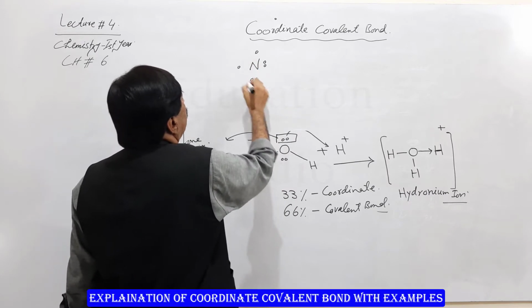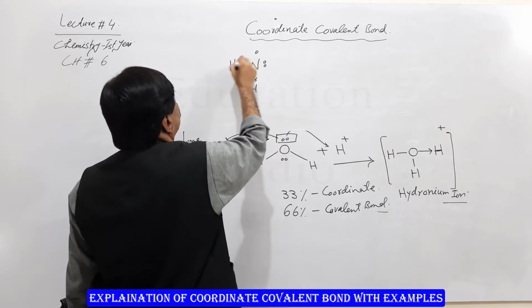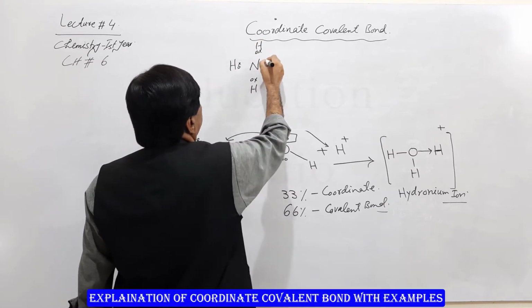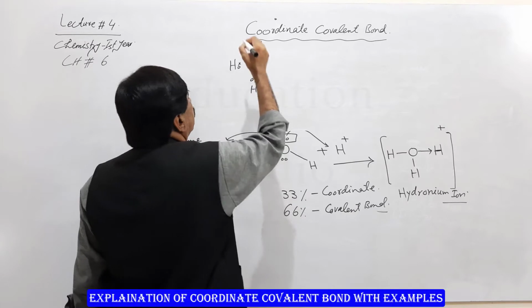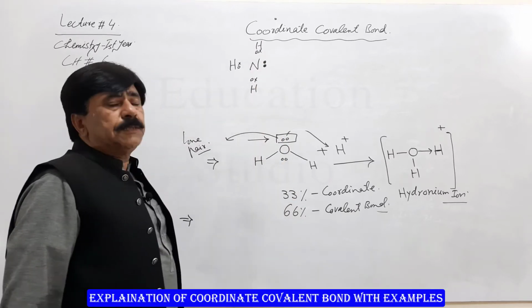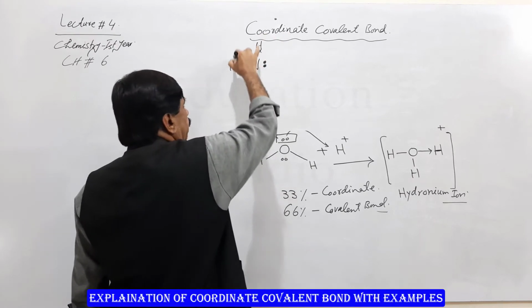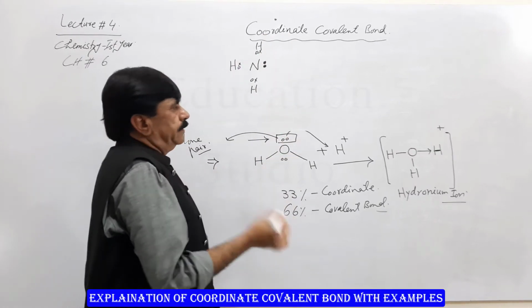It forms three covalent bonds with the three hydrogen atoms, and it contains one lone pair, meaning an electron pair which is not participating in bond formation, and the octet of the nitrogen is completed.